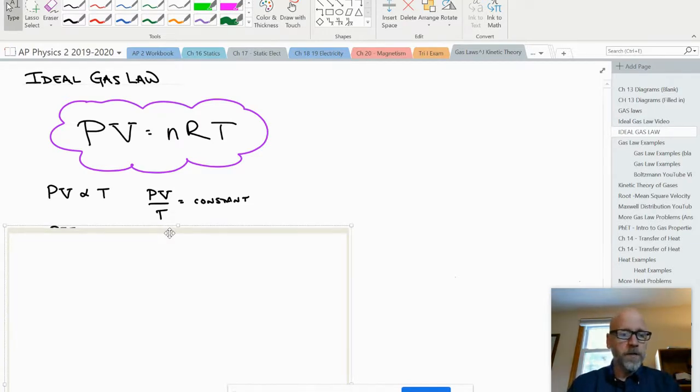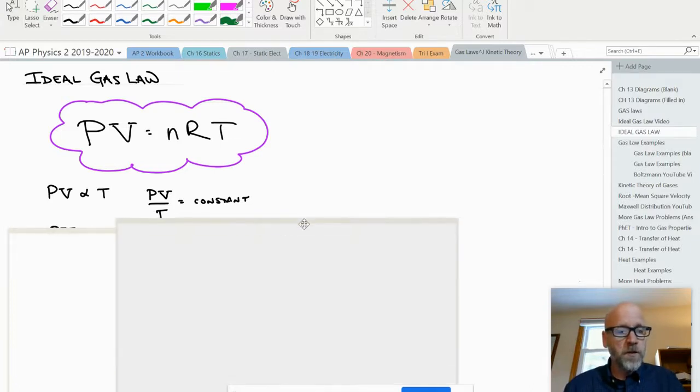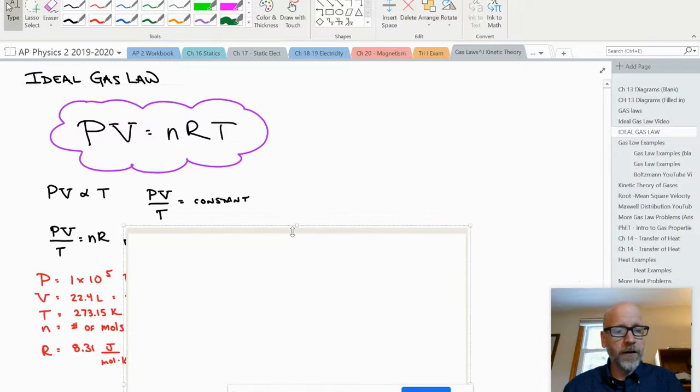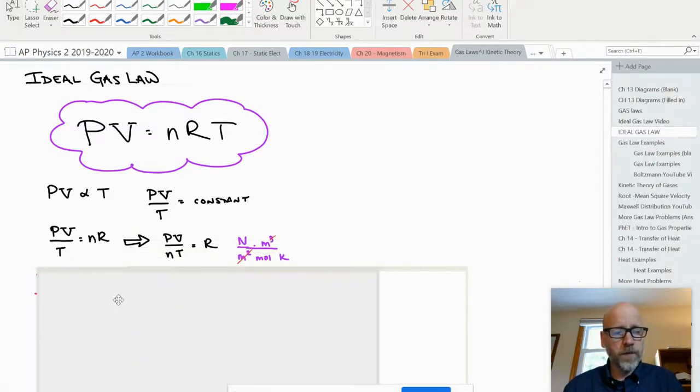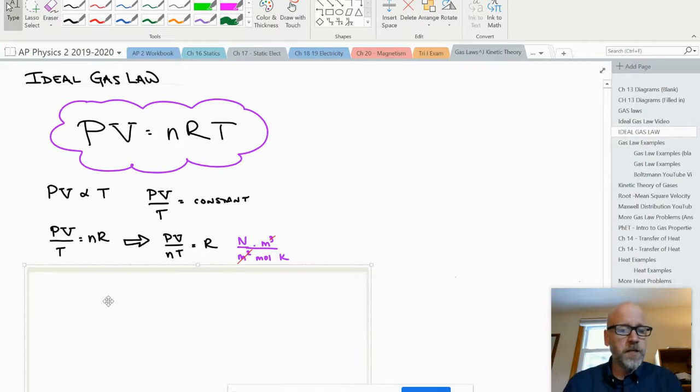That means if we divide by temperature, PV divided by temperature would remain constant in a closed system. If that constant is equal to nR, n stands for the number of moles, and R is simply a constant.